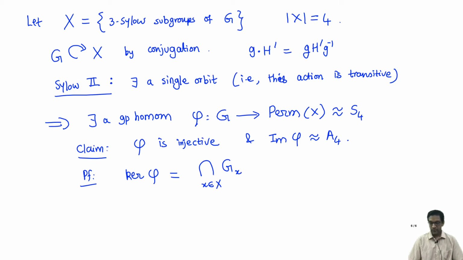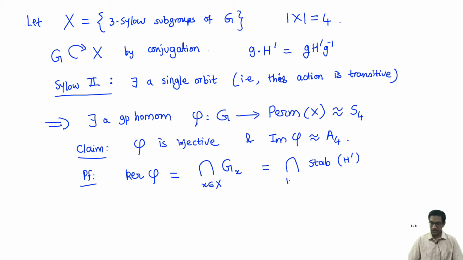So I have to compute the stabilizer of all the various elements of X in this case. Now what is that? This is just the intersection of the stabilizer of H prime.